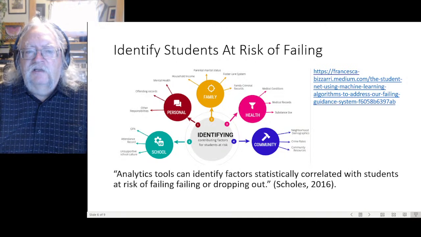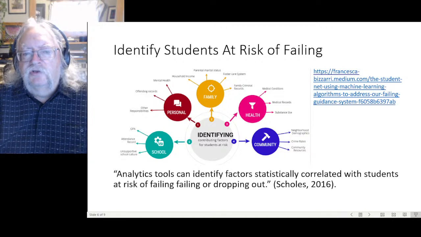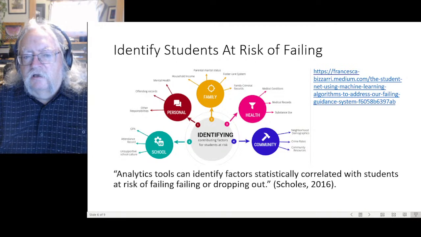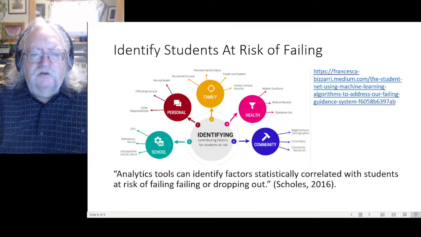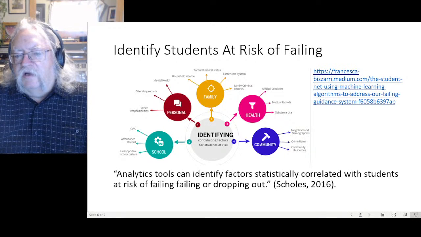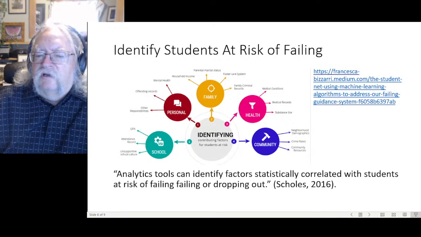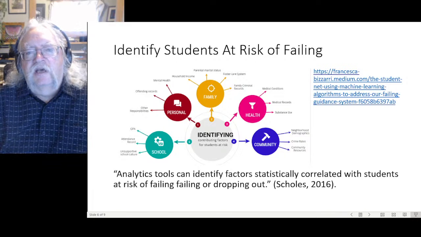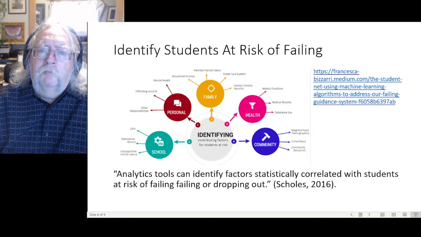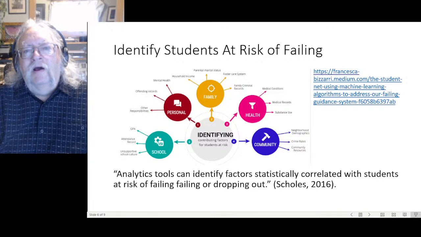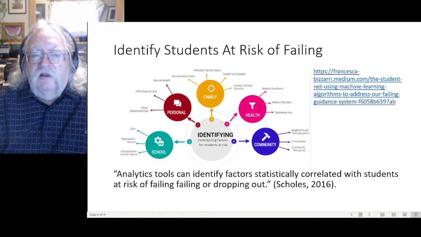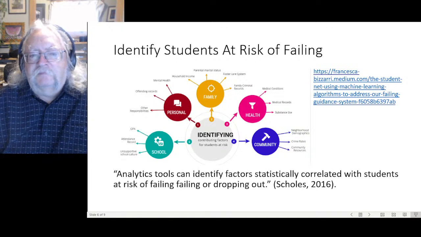Here we have an example where we look at everything from household income to parents' marital status to medical conditions to grade point average to neighborhood demographics. All of these factors taken together can help an institution predict whether a student is at risk of failing or not.